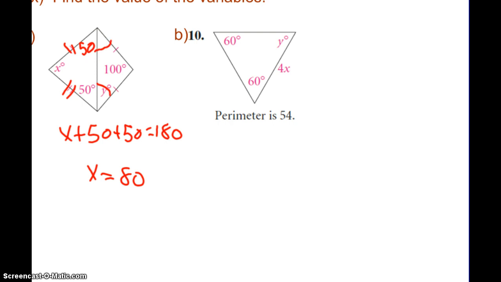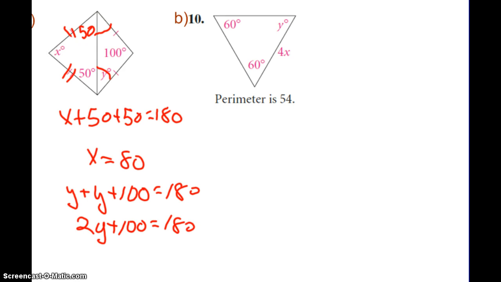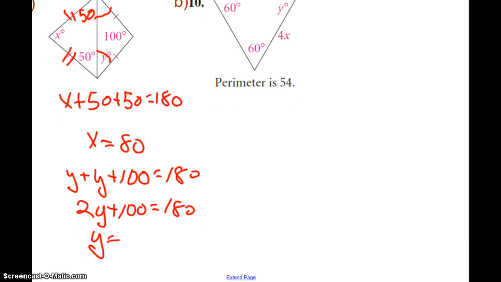So we have y plus y plus 100 equals 180. So we got 2y plus 100 is 180. And when we solve that, we get y is 40. Subtract 100, divide by 2.